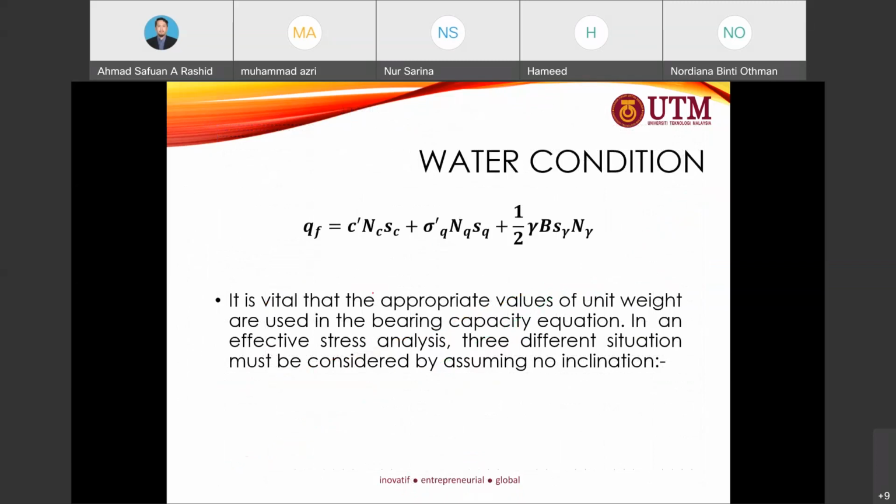In an effective stress analysis, three different situations must be considered, assuming no inclination. If the shallow foundation has a different height of water, we need to consider these three different situations.